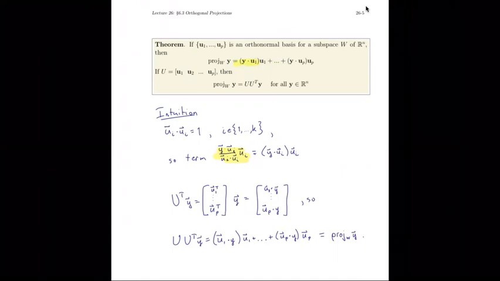Well, one thing we should remember now, since we have an orthonormal basis, is that u1 dot u1 is equal to 1, or ui dot ui is equal to 1 for every one of these p orthonormal basis vectors. Since it's an orthonormal basis, all the vectors have length 1. So their inner products with themselves is 1. So now anything that would have been a denominator, u1 dotted with u1, well, that denominator is just equal to 1.